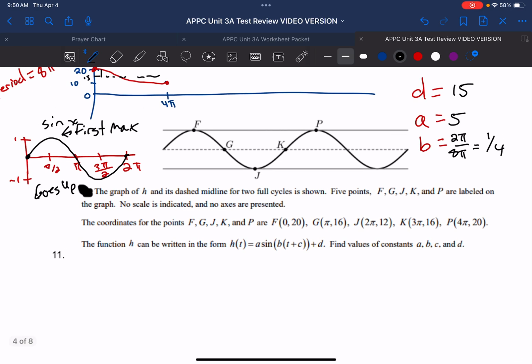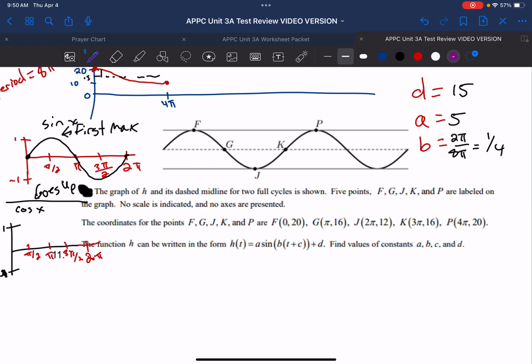And then for cosine, there's a little bit of a difference. So cosine of x, -1. This is pi over 2, pi, 3 pi over 2, and 2 pi.